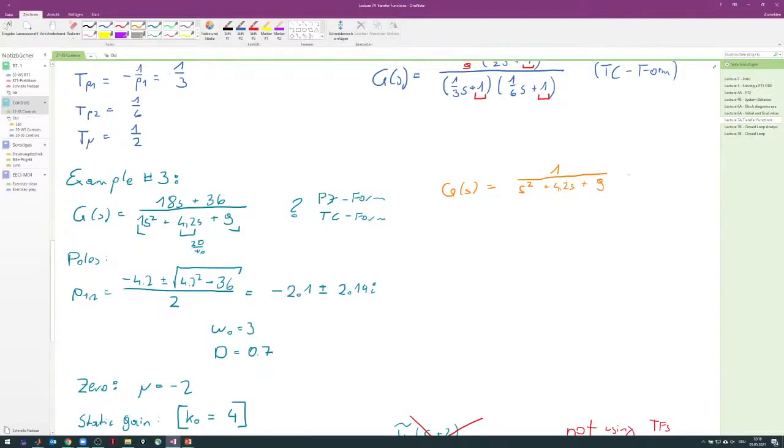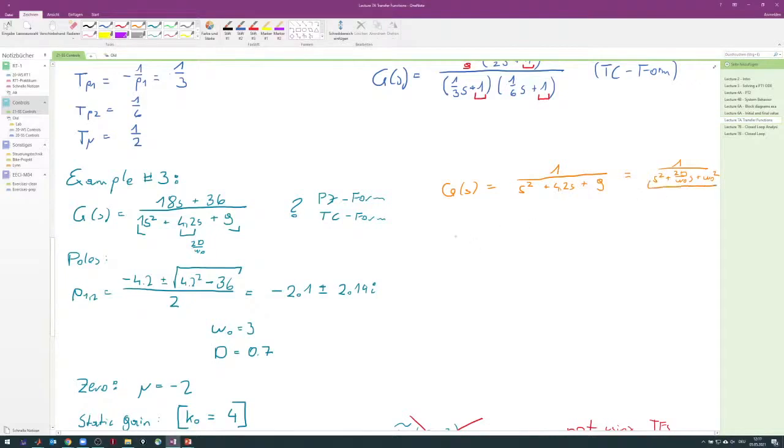So this always corresponds to 1 over S squared plus 2d omega 0 S plus omega 0 squared, right? So if you know that, you immediately know that omega 0 is the square root of 9, which is 3. So why is that the case?